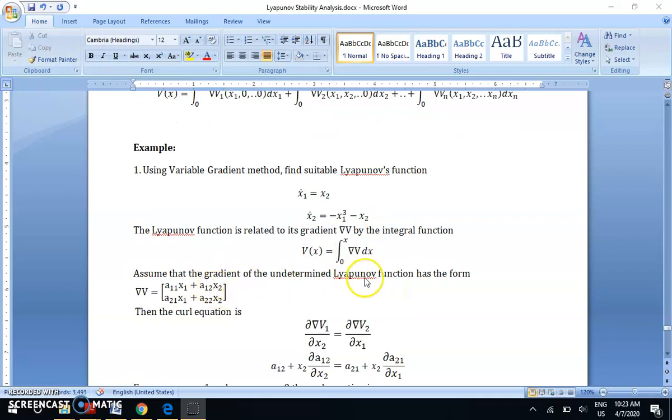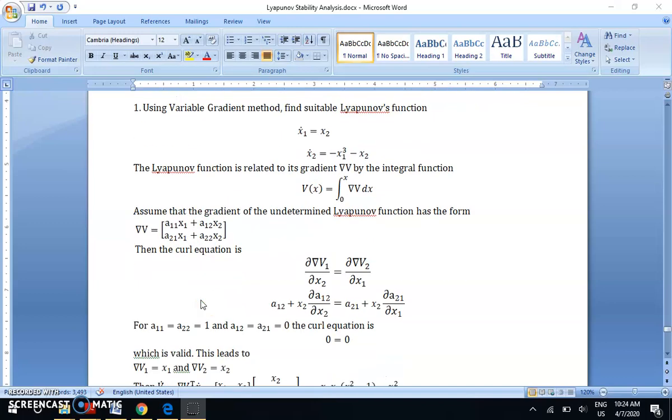Let us assume the gradient of the Lyapunov function of the form ∇v1 equal to a11 x1 plus a12 x2 and ∇v2 is a21 x1 plus a22 x2, where a11, a12, a21 and a22 are assumed to be constants.